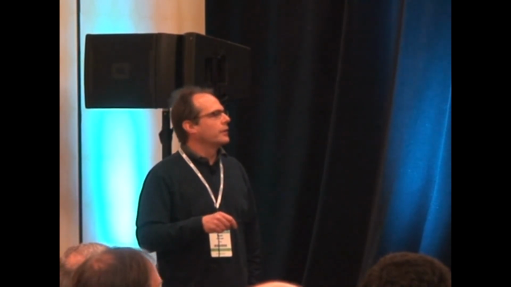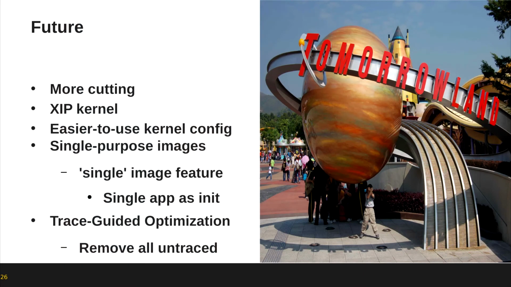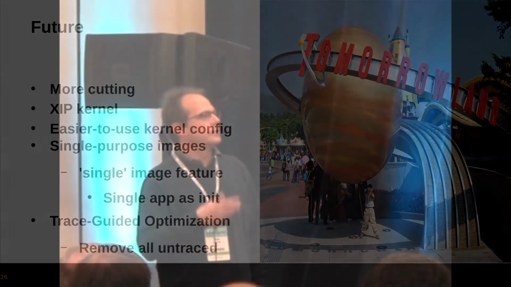Another area where I need to do a little bit of work is making it easy to create single-purpose images. Basically, the user has an application that they want, the only application that's ever going to run on the system. Make that easy to do, as an init process, for instance.